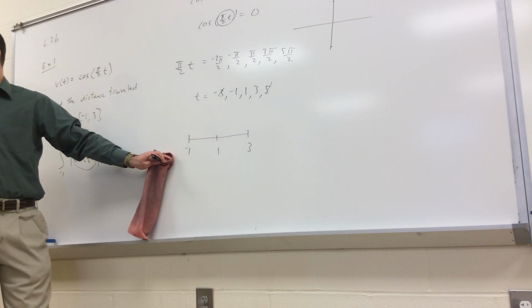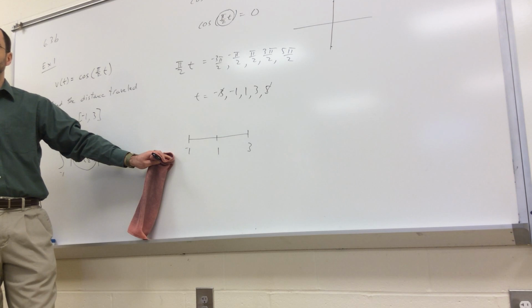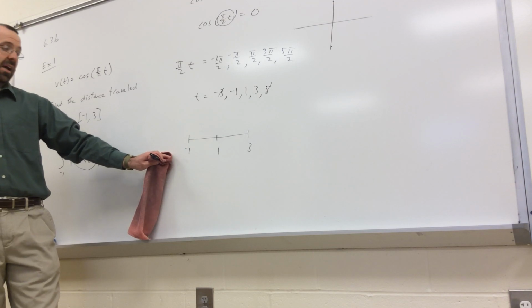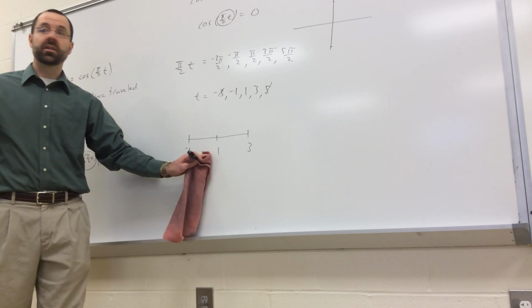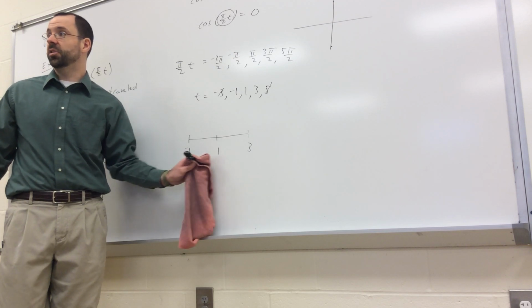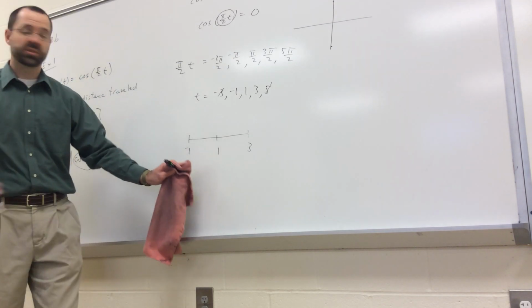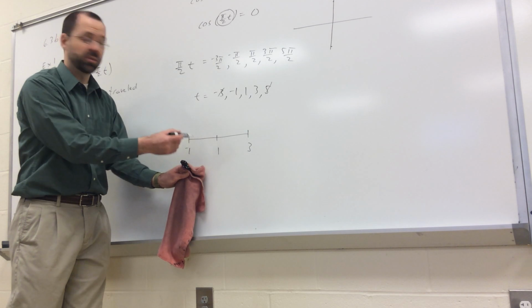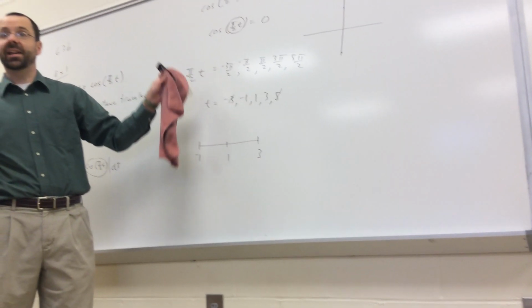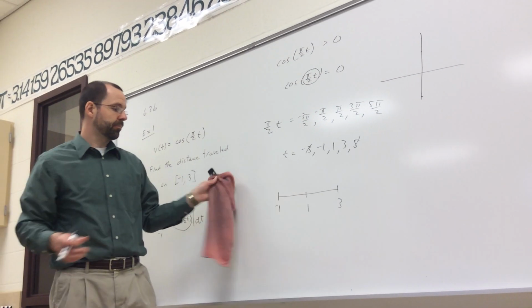So those are the locations where the cosine of pi over 2t is 0. And now we can test in between there to see whether the cosine of pi over 2t is positive or negative in those intervals. We're just going to try 1 point in this interval and 1 point in that interval to see if it's positive or negative in there.